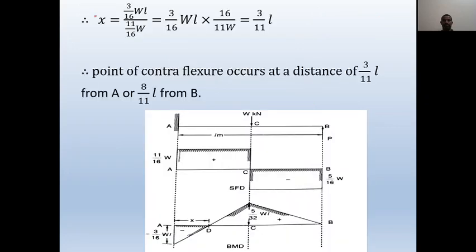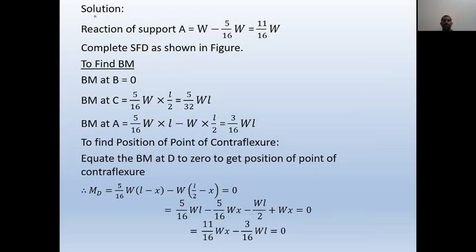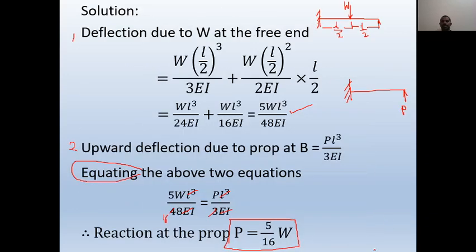so here the prop reaction is calculated, and then the reaction at support A can be calculated using the prop reaction. We have two supports, one at support A, and one is the prop reaction.